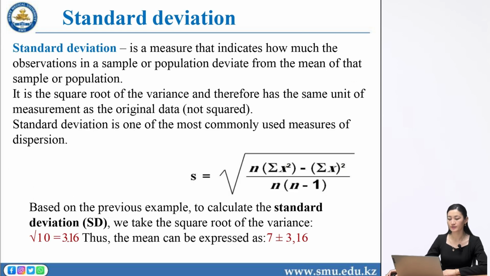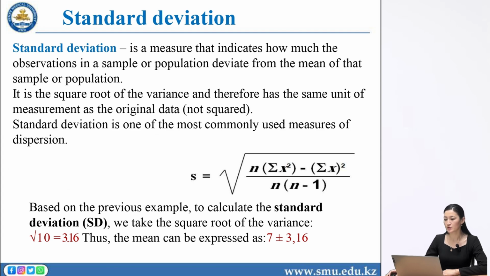Standard deviation. Standard deviation is a measure that indicates how much the observations in a sample or population deviate from the mean of that sample or population. It is the square root of the variance and therefore has the same unit of measurement as the original data.